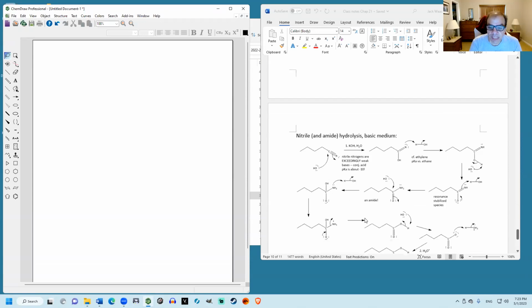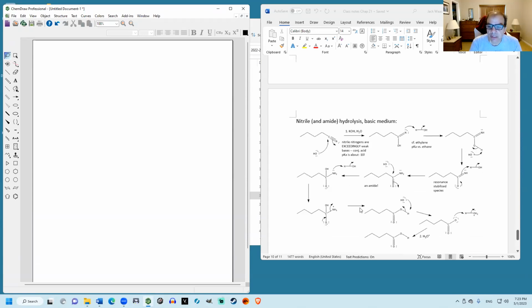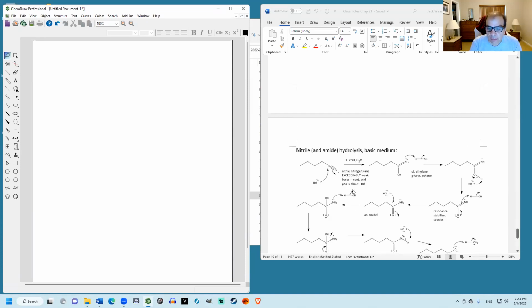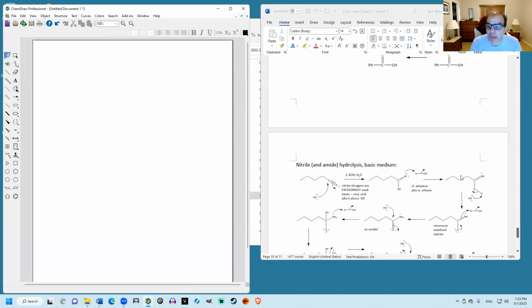We also have on the next page, it's a little bit small on the screen, but amide hydrolysis in alkaline medium, also worth looking at. And what you notice is when you get halfway through hydrolyzing the nitrile, lo and behold, you make an amide.